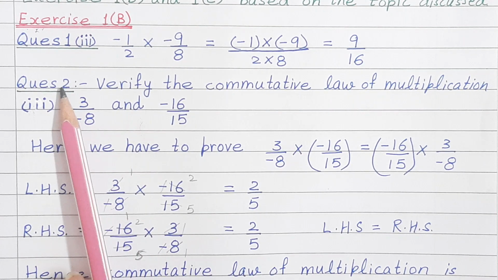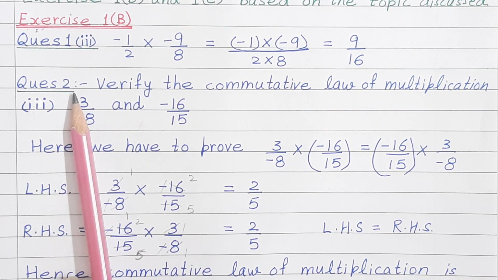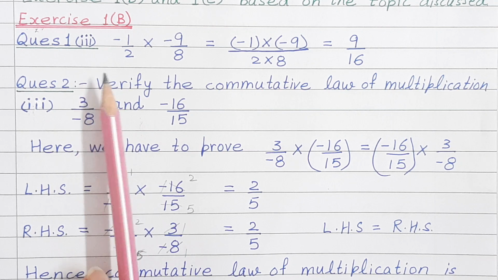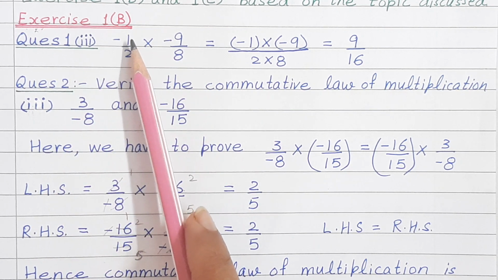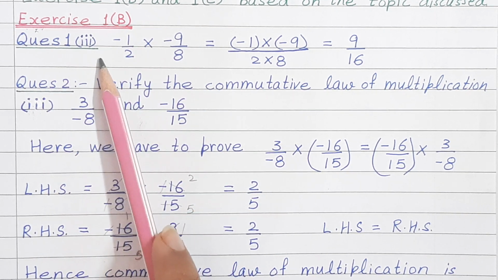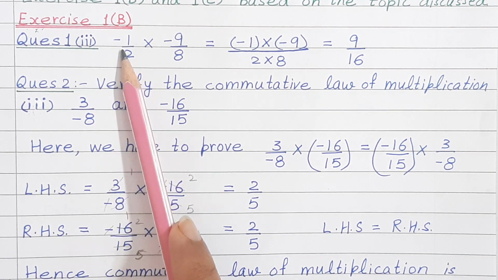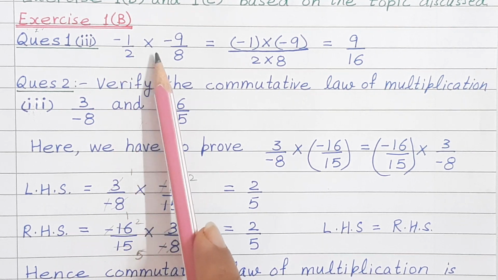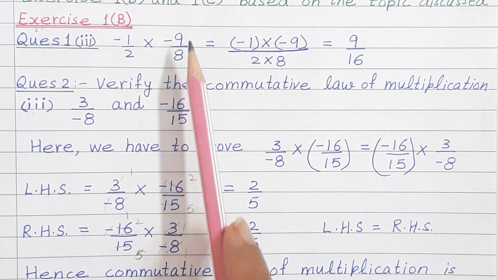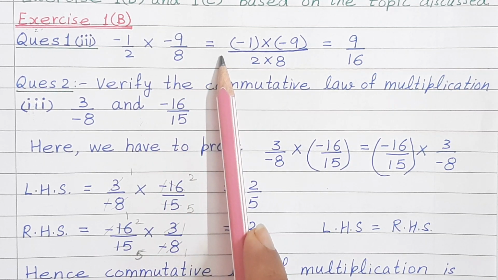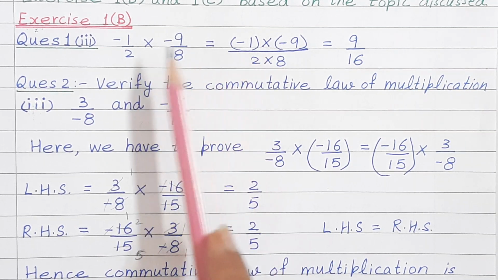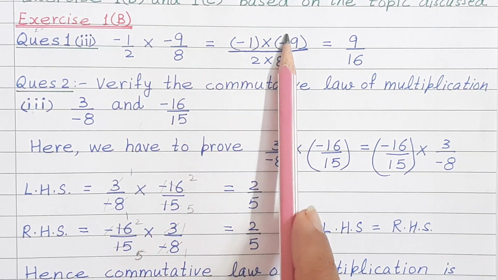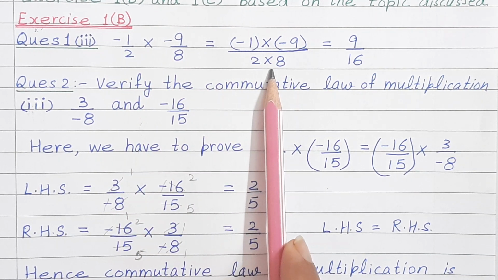Now children, let us discuss a few questions from exercise 1B of your textbook. Question number 1, third part is minus 1 upon 2 multiplied by minus 9 upon 8 is equal to, now here we multiply both the numerators and both the denominators.